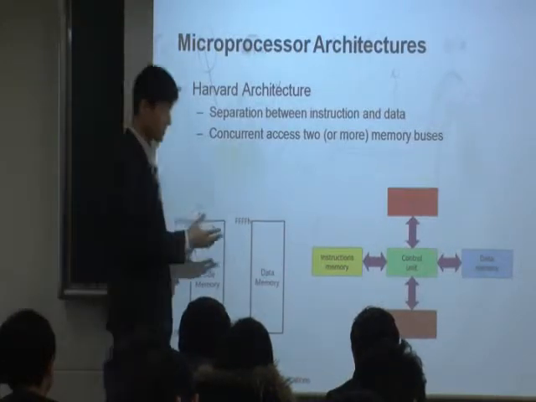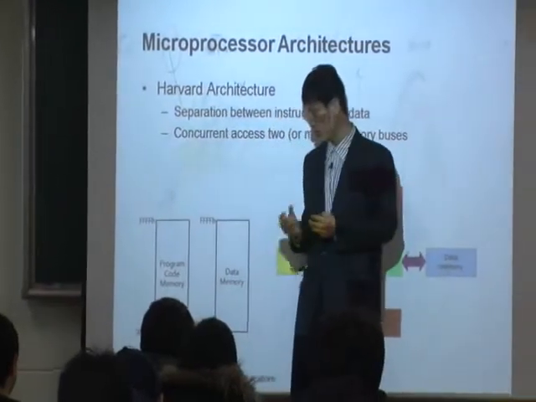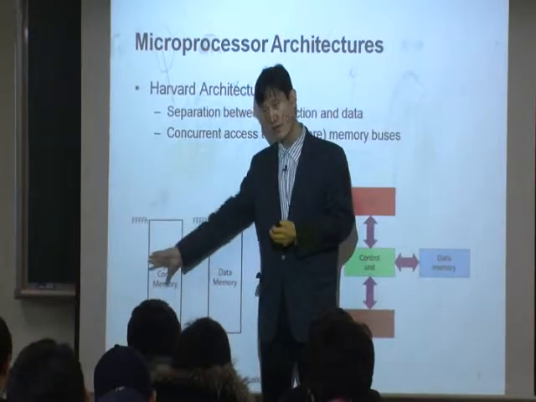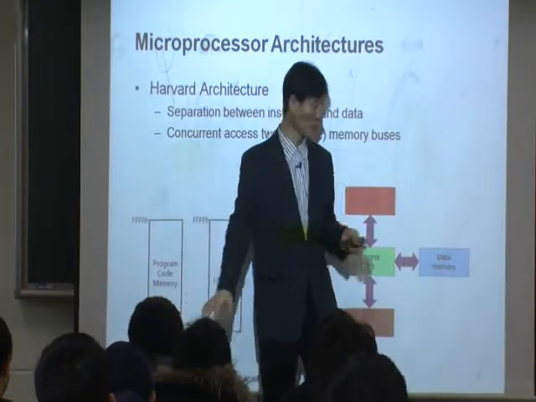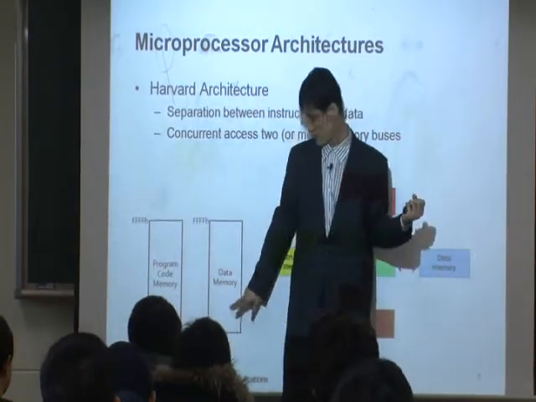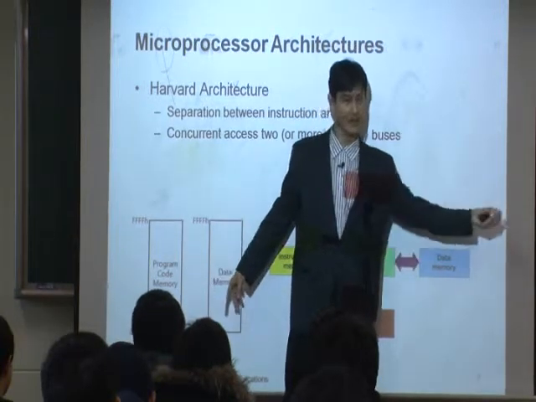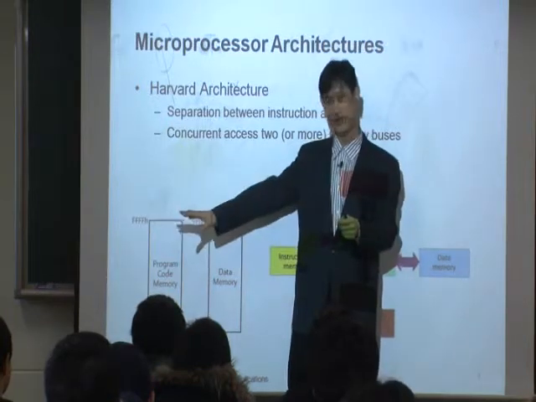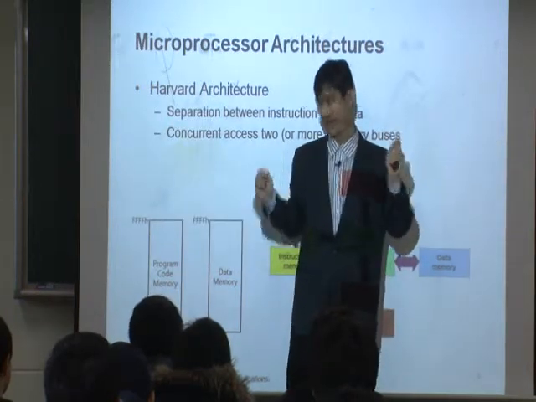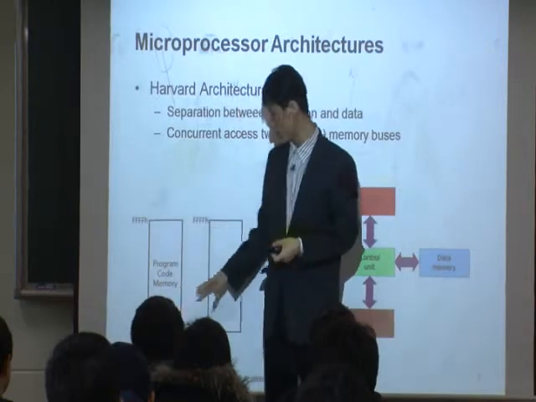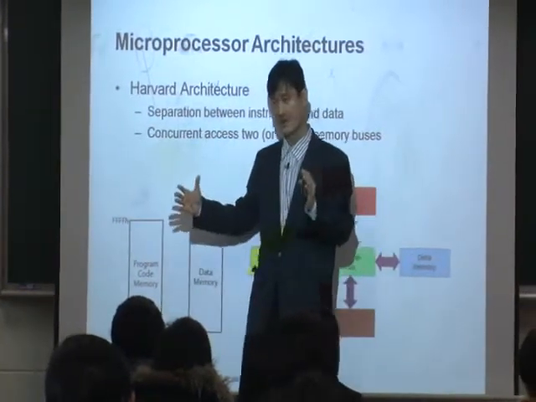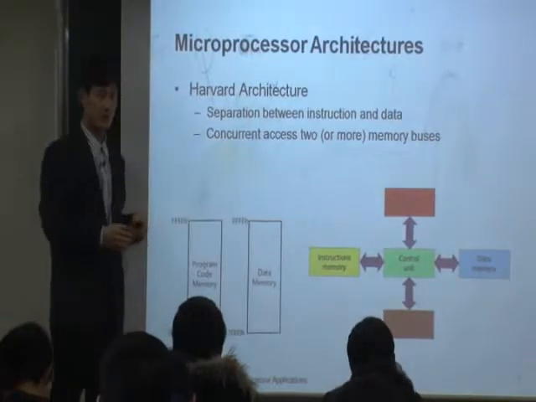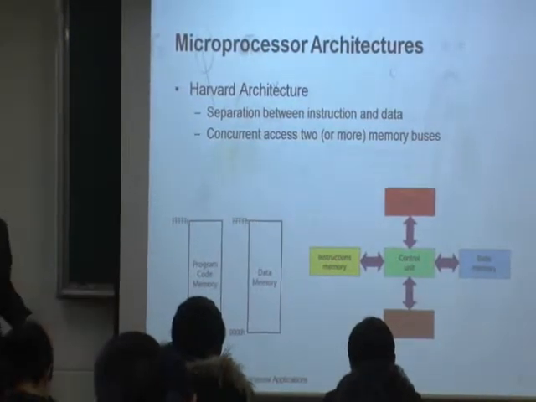So for example, I want to read 100H in instruction memory, and at the same time I want to bring the value at 200H from the data memory. 200H from the data memory, 100H from the instruction memory. You can do both at the same time. So the address spaces for code memory and data memory are independent. You have two different address spaces. That's the Harvard architecture.